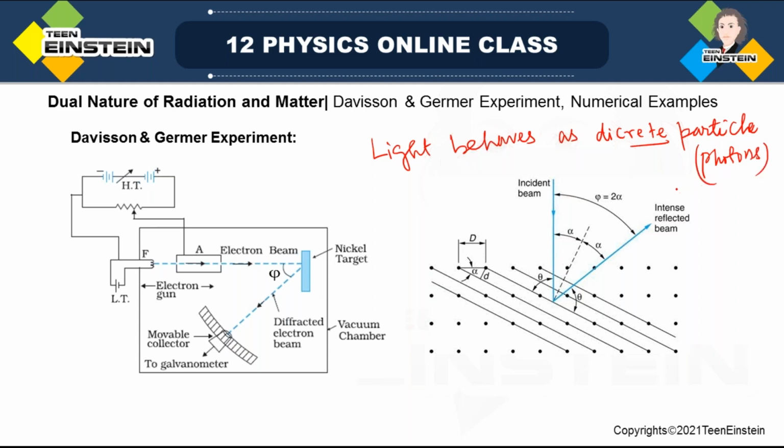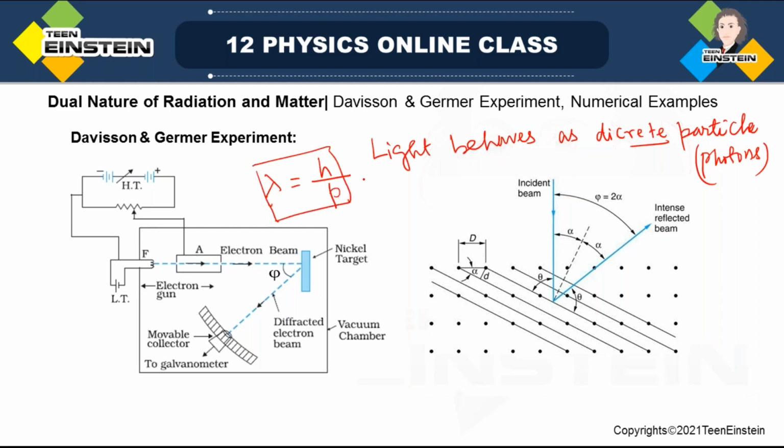Then de Broglie comes up with the reverse idea, that if radiation can act in both ways, like wave, it has dual nature, wave and particle, then any material particle which is in motion can have conversely some wave nature, and the wavelength of that kind of particle, any material particle or matter, will be given by lambda is equal to h by p.